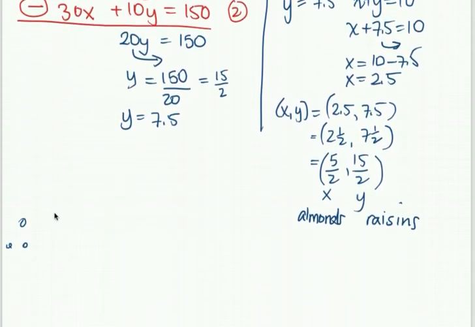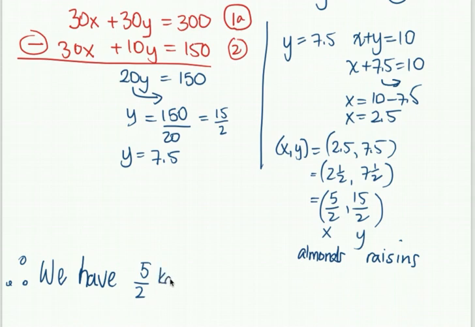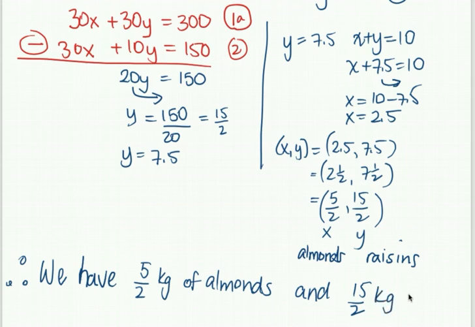So therefore we have 5/2 kilograms of almonds and 15/2 kilograms of raisins.